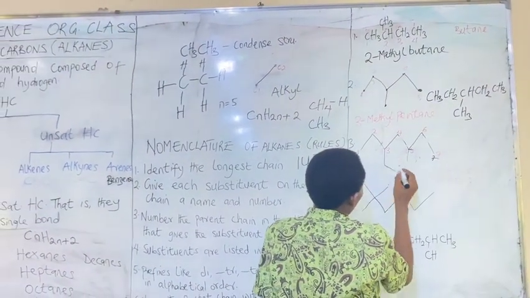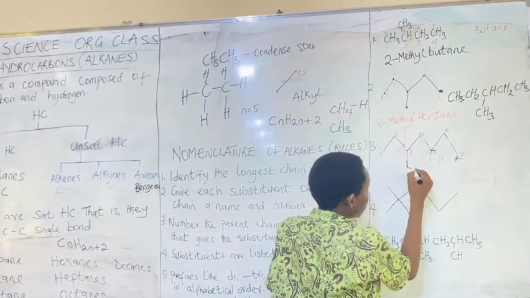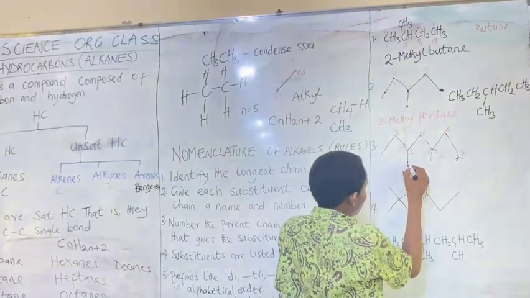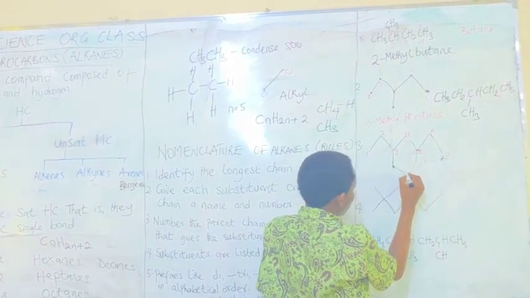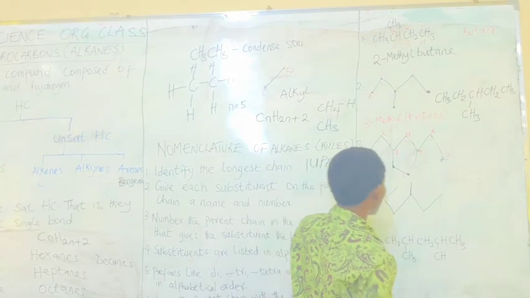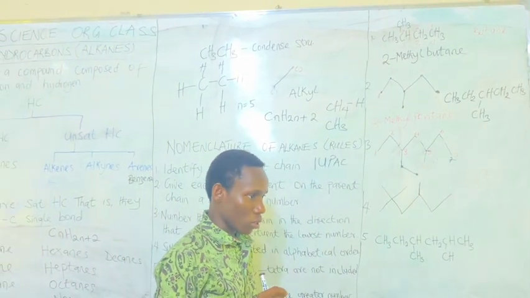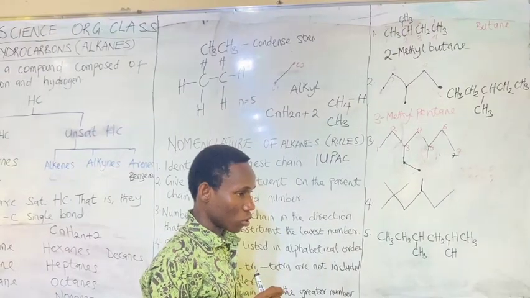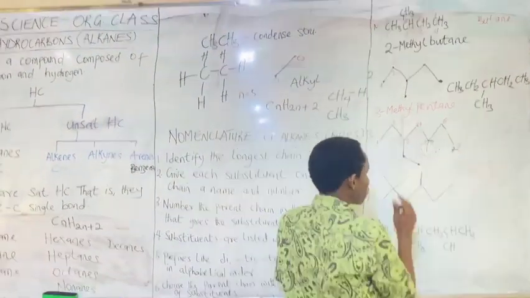We have this now. Look at this. Yes, your eyes should be on this. This is carbon. This is another carbon. And remember we said any alkane that has 2 carbons is what? Ethane. So this is a substituent.